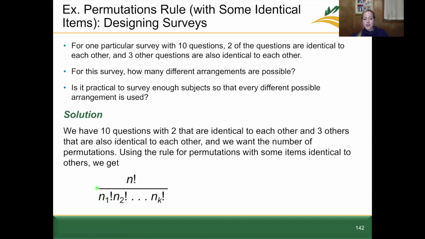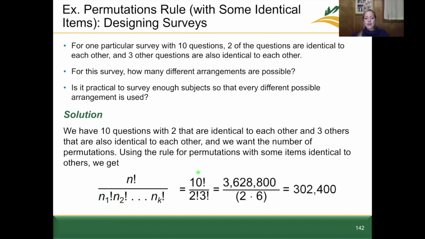This n subscript 1 can reflect the 2 questions that are identical to one another. This n subscript 2 can reflect the other 3 questions that are identical to each other. So really using this formula, we say 10 factorial divided by 2 factorial times 3 factorial, where 2 factorial and 3 factorial are in the denominator.